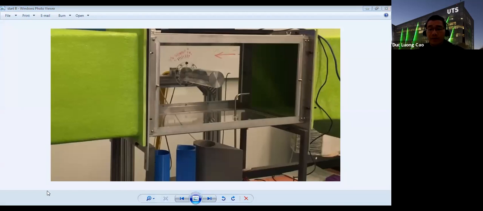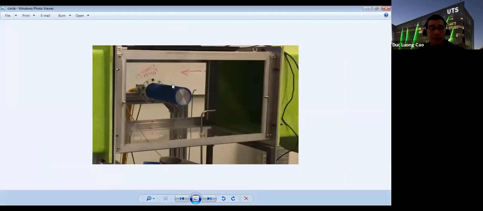We use the blue one to cover the cylinder, and now we have a new one, a little bit bigger, and no pressure tapping. No 21 holes. That's why you can see the title is circular cylinder without pressure tapping. The diameter is a little bit bigger, and no pressure tapping.